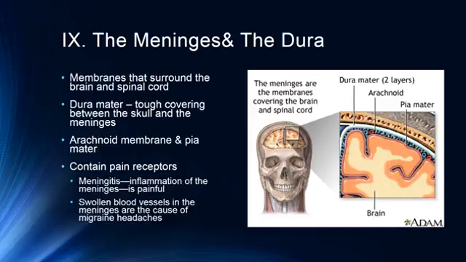I want to add one more note to this discussion of the dura. There's lots of blood vessels. The brain's got lots of blood vessels in particular, but the meninges do as well. Sometimes you can hear what's called a subdural hematoma. And it's basically what's happened is you have a bruise underneath the dura, which is causing blood to pool.